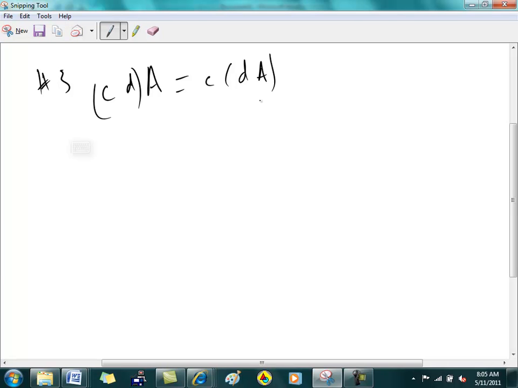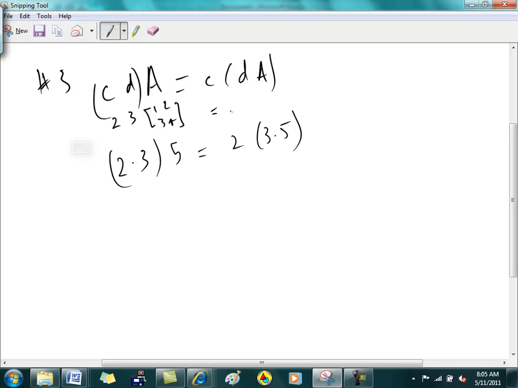It's equivalent to, in scalar land, saying the same thing. So supposing this was 2 and this was 3, and this was a matrix 1, 2, 3, 4, then what you can do is leave the 2 outside and do this multiplication first.